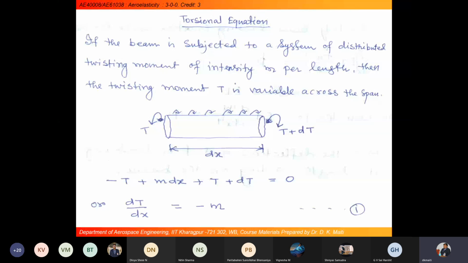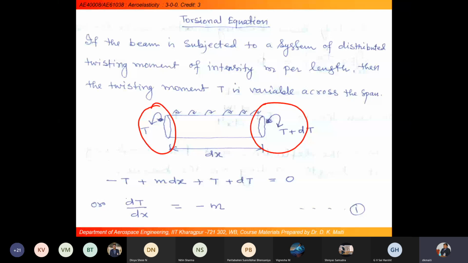Taking clockwise as positive, the moments are minus T plus m into dx, the aerodynamic moment, plus T plus dT equal to 0. After simplification, dT by dx, the derivative of torsional moment with respect to x, should be equal to the distributed moment over the length. That is the meaning of this equation.